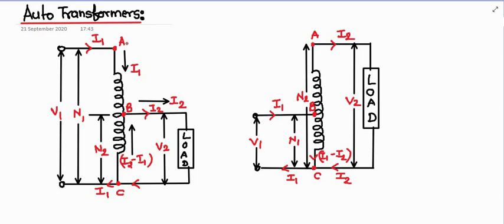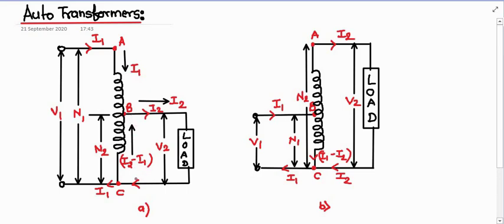So here I have drawn two figures. In figure A, my auto transformer is a step down transformer, and in figure B, my auto transformer is a step up auto transformer. In figure A, the winding AC forms the primary and a portion of the same winding, BC, forms the secondary.